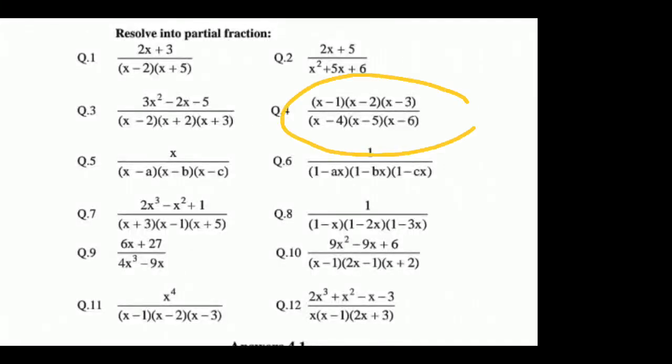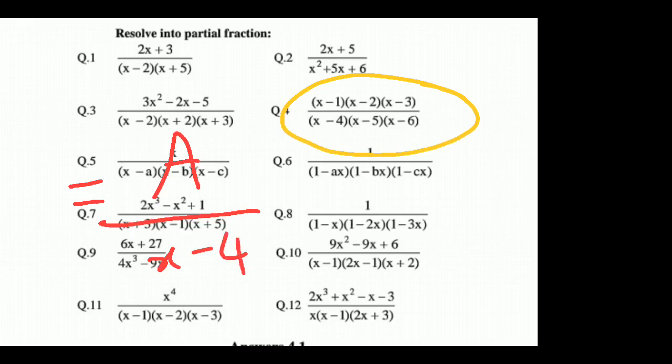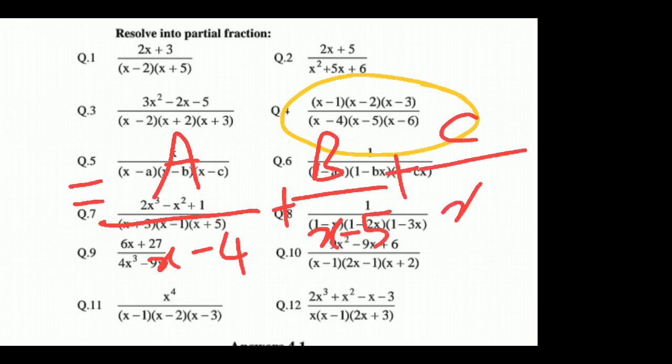For this problem number 4, you split into 3 parts as A divided by (x − 4) plus B divided by (x − 5) plus C divided by (x − 6) on the left hand side. Now you take the LCMs, form equation number 1, then substitute the values: put x equal to 4, put x equal to 5 and put x equal to 6.